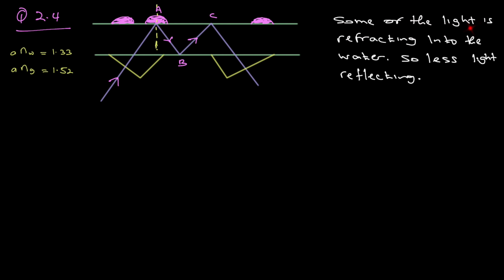Some of the light is refracting into the water when it gets there, and so less is reflecting back. That's the problem here: some of the light is refracting into the water, and some is reflecting back. So it might be better to calculate the critical angle at the glass-water boundary.